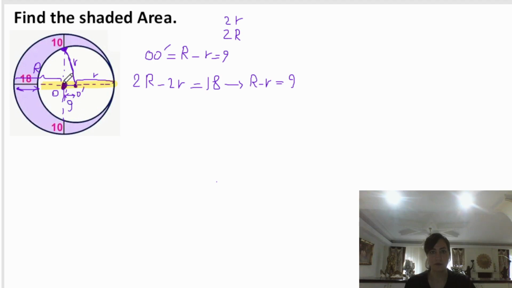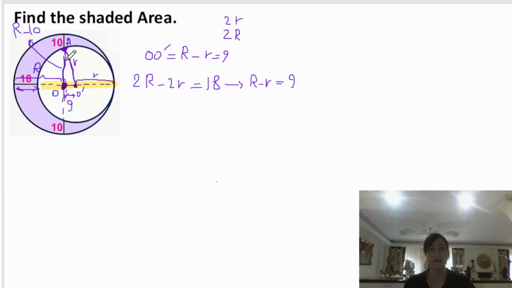To find this side, it would be the radius of the outer circle minus 10. So this side would be capital R minus 10.